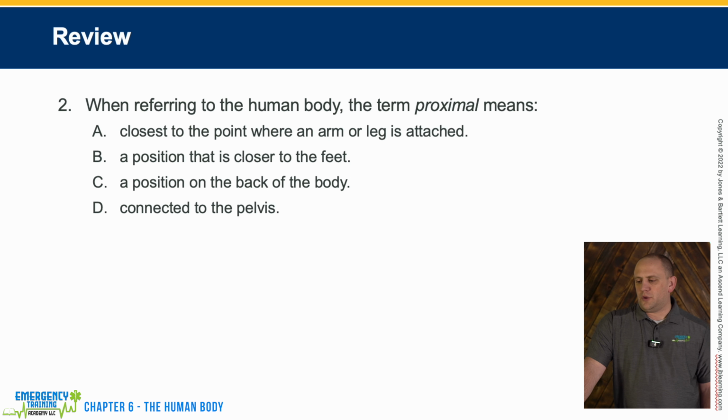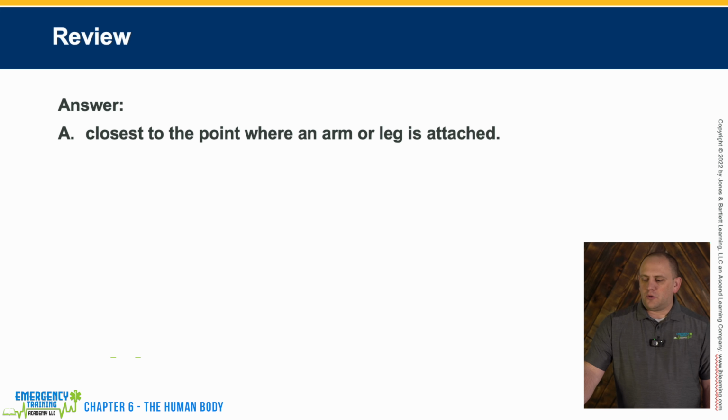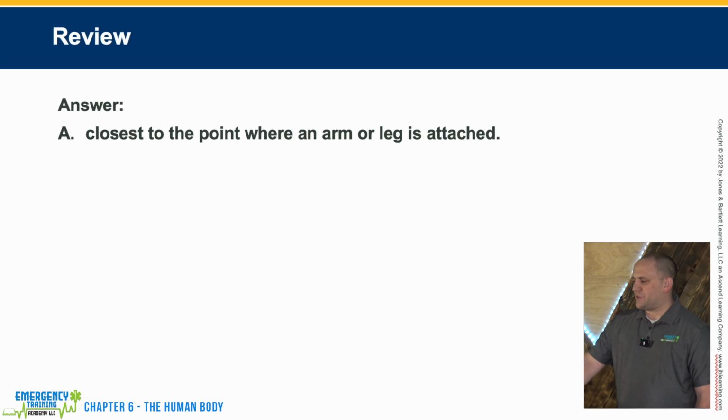When referring to the human body, the term proximal means what? Closer to the point where an arm or leg is attached. A position that is closer to the feet. A position on the back of the body, or connected to the pelvis. Answer is A, closest to the point where an arm or leg is attached. Question 3.